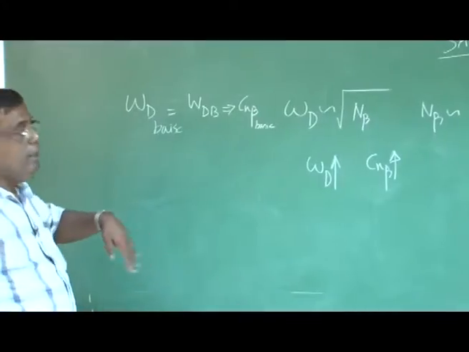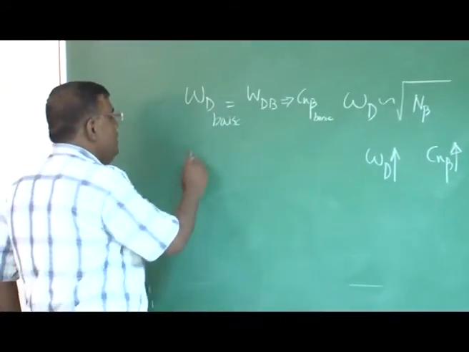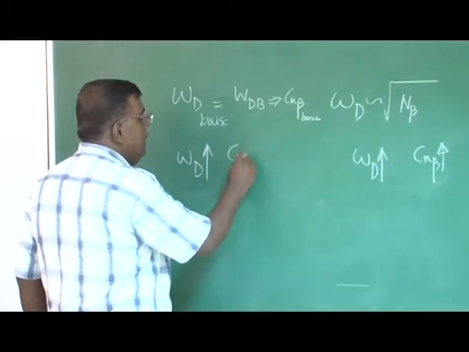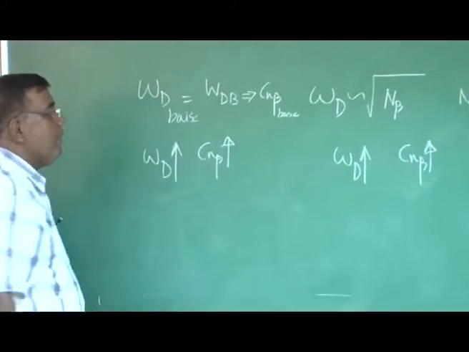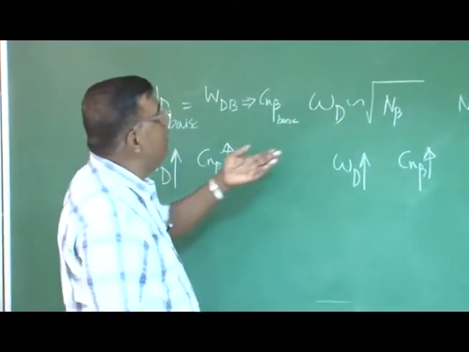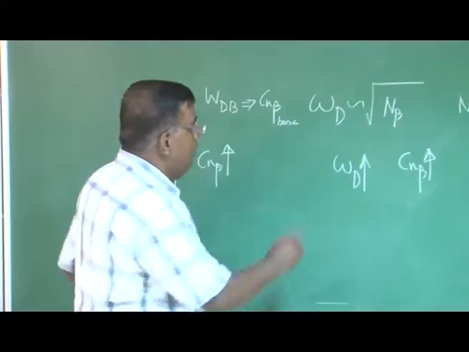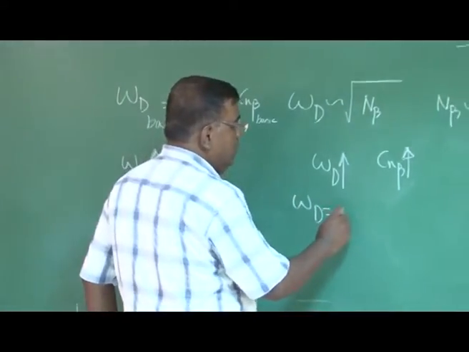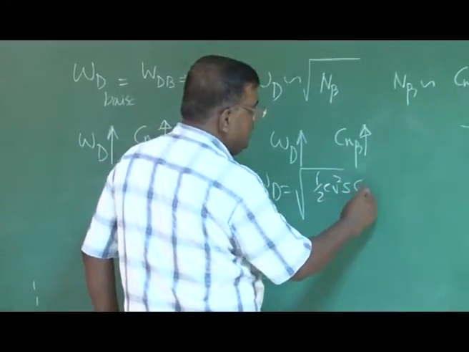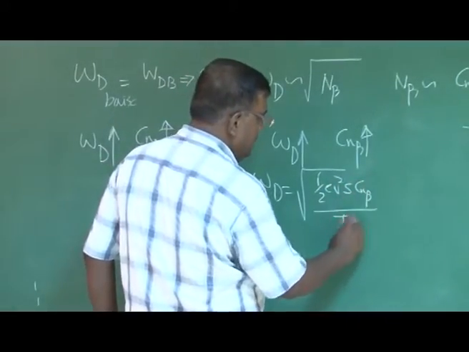Now you want to increase the Dutch roll frequency, hence Cn beta has to be increased. How much? For an approximate value, I can use the expression omega d equal to the square root of half rho v square S Cn beta by I zz.